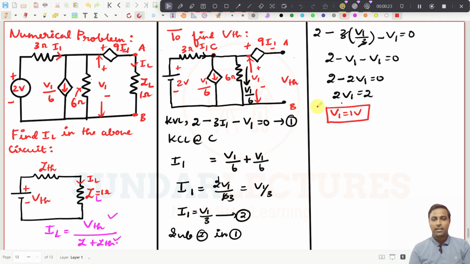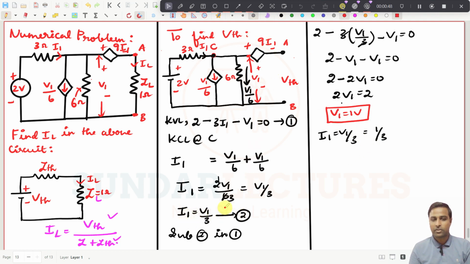So we know now what V1 is, right? If you know V1, then what else do you need to know? You need to know I1 to find VAB, right? If you want to find I1, see, I1 will be equal to V1 by 3, right? And V1 by 3 will be 1 by 3.